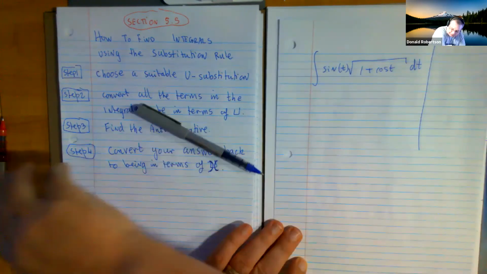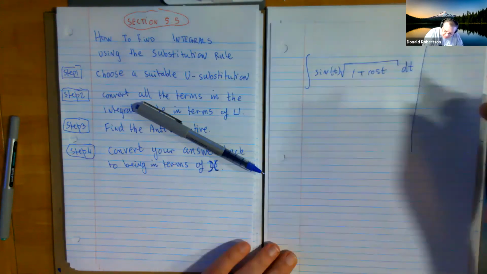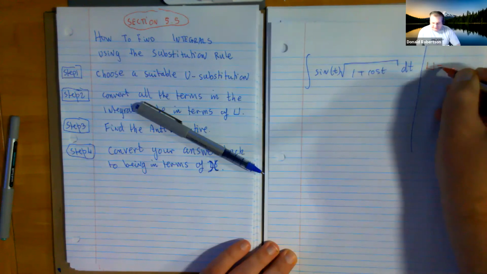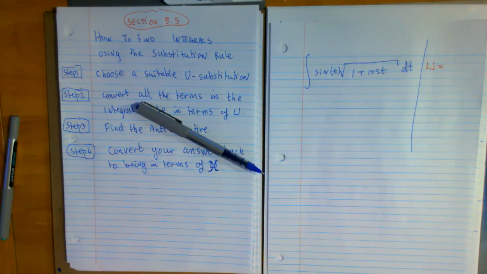Just to prove to you that there's no reason in the world why integrals need to always be x's. Can you have integrals with t's and p's and w's, and who cares? So it's still going to be called a U sub. What is the U sub in this question? 1 plus cosine of t.